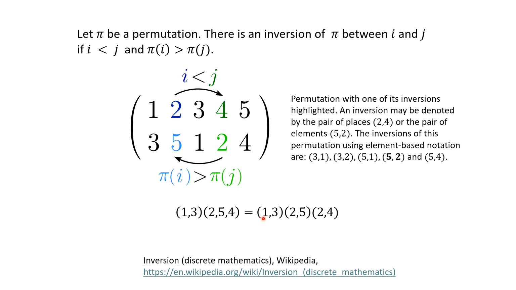So it's written here as an odd number of cycles of length 2, and that's another way of determining that our permutation is an odd permutation. Sometimes using this cycle decomposition is an easier way of going about it.